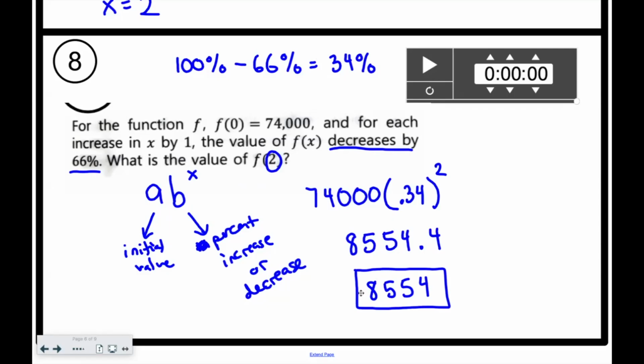Wait, so just to be clear, the decimal counts as a character? Yes, a decimal or a fraction. So if the answer was 17 thirds, this would be 4 characters. The only exception to that is a negative. If the answer was negative, the negative doesn't count. You would have a negative and then you would still use 5 other characters.